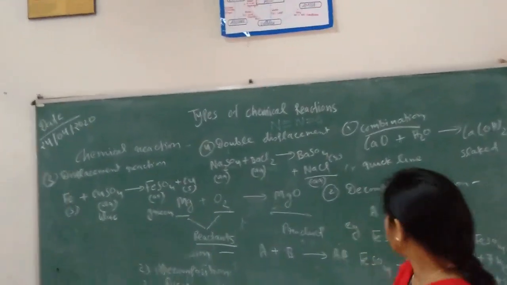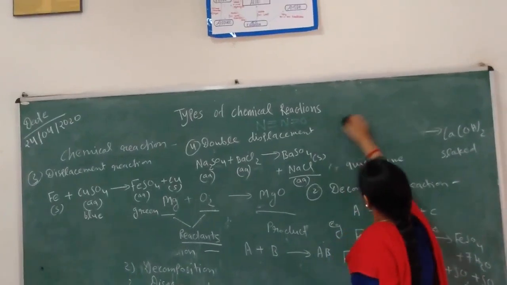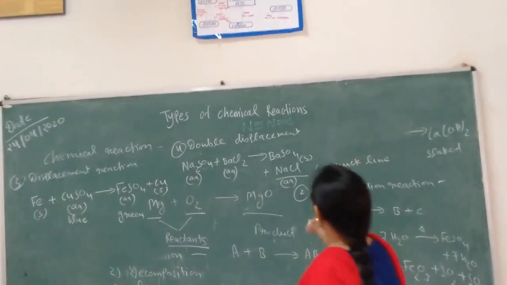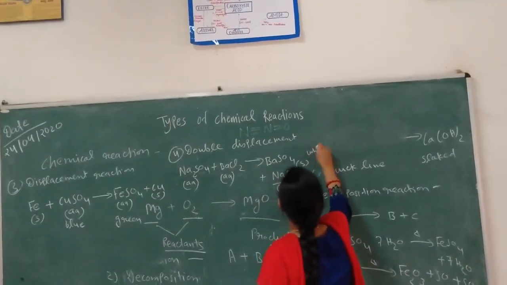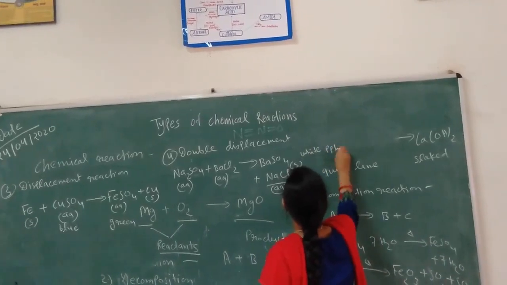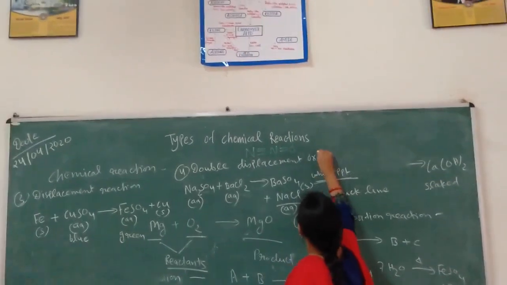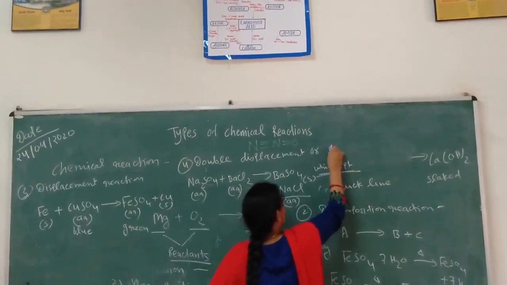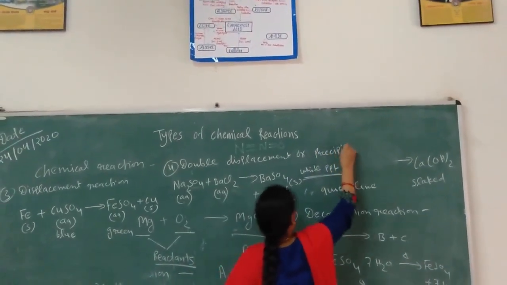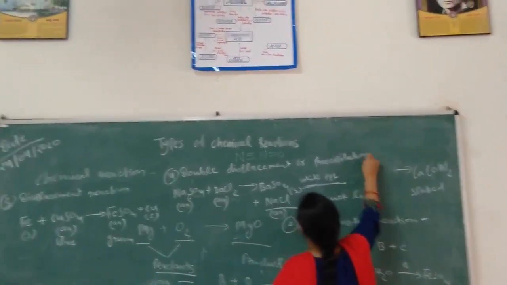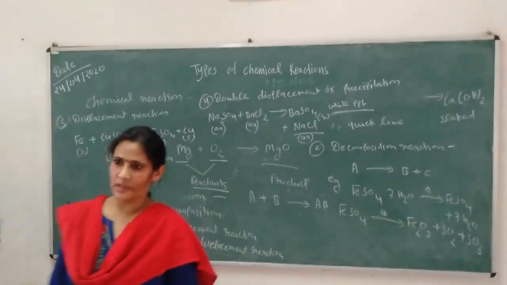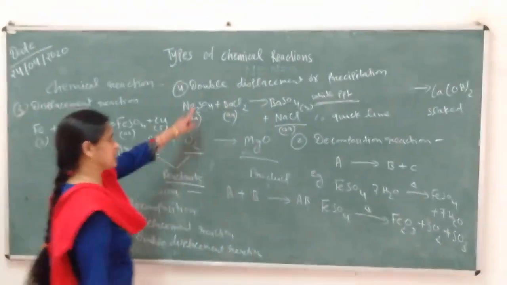In this reaction, since we observe a white precipitate of barium sulfate, that is why it is also known as precipitation reaction. Since in this type of reaction a precipitate is formed, it is also known as precipitation reaction.